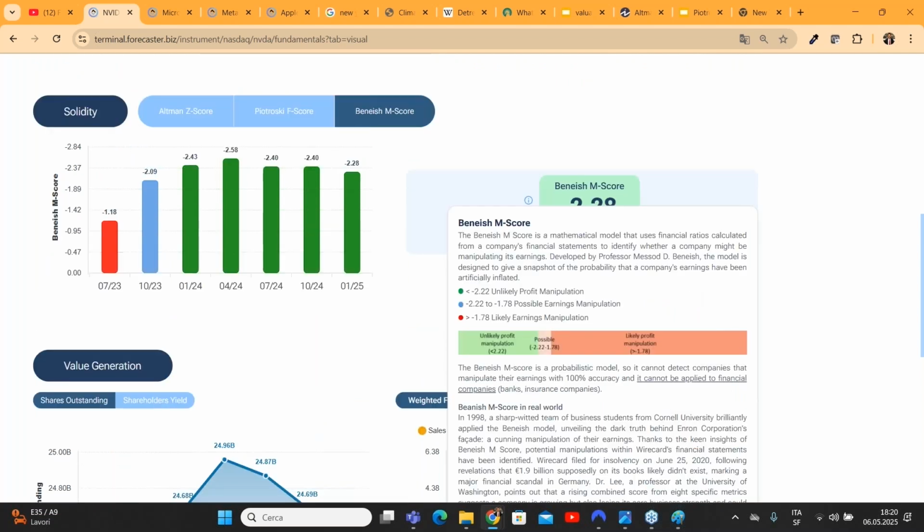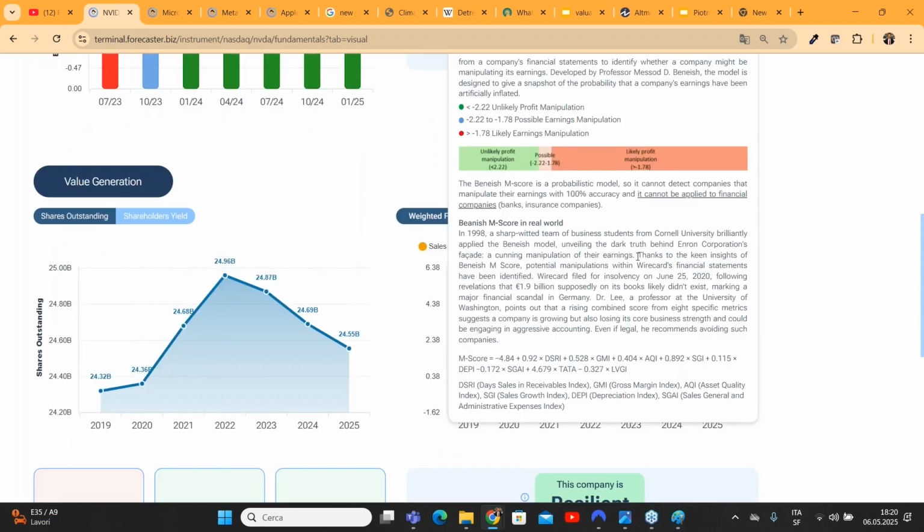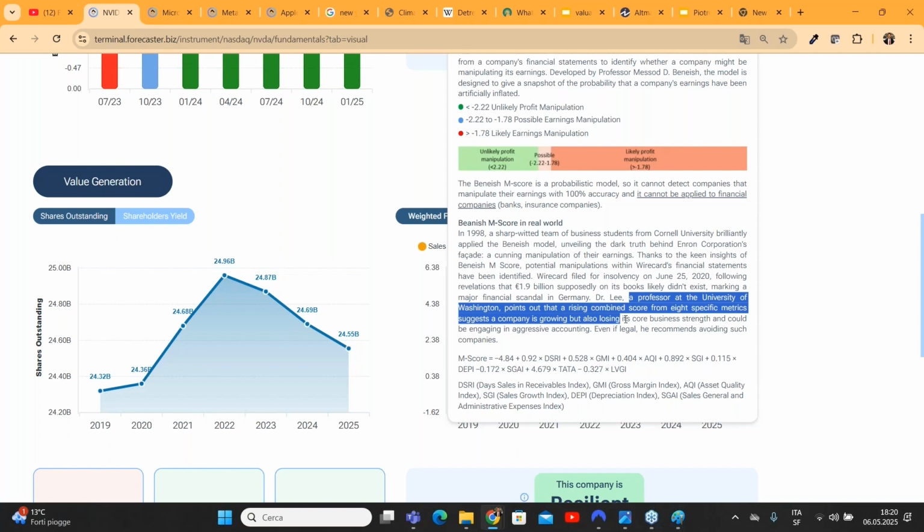Okay, and as you can see, in the past this ratio helped to find many frauds, for example the Wirecard manipulations that were made in 2020. Okay, and as Dr. Lee, a professor at University of Washington, says, a rising combined score from 8 specific metrics suggests a company is growing but also losing its core business strength and could be engaging in aggressive accounting.